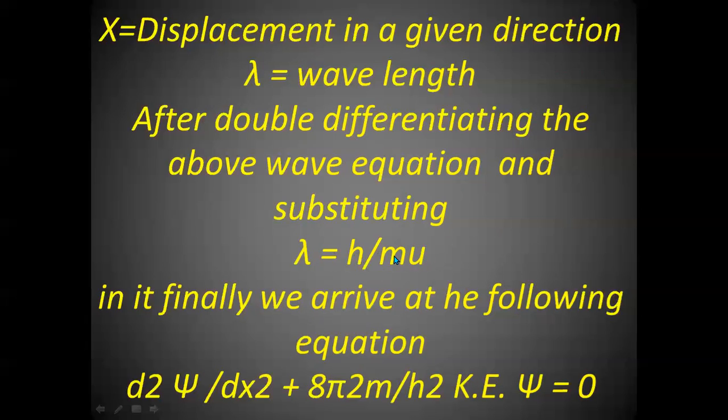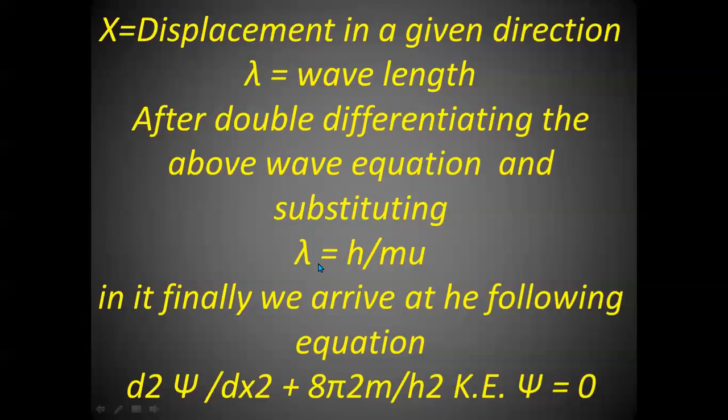Lambda is wavelength, h is Planck's constant, m is mass of the electron, and u is the velocity of the electron, because we are talking about the electron.